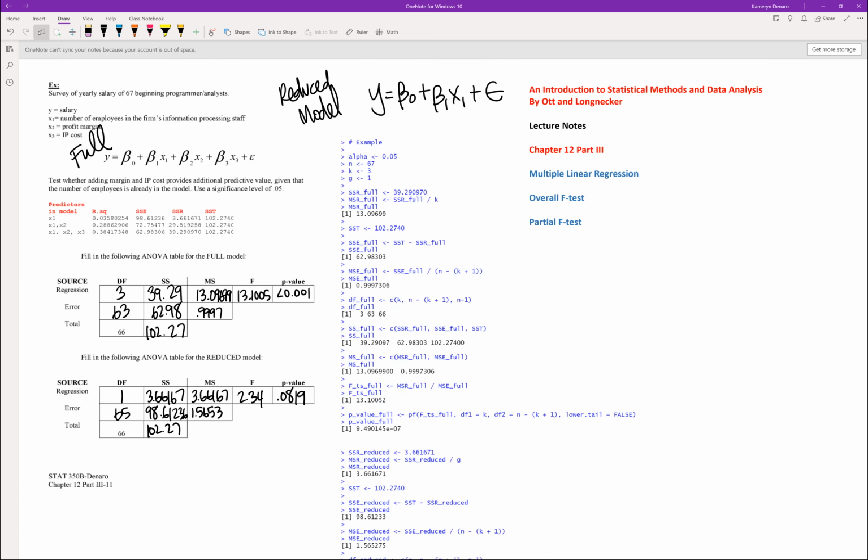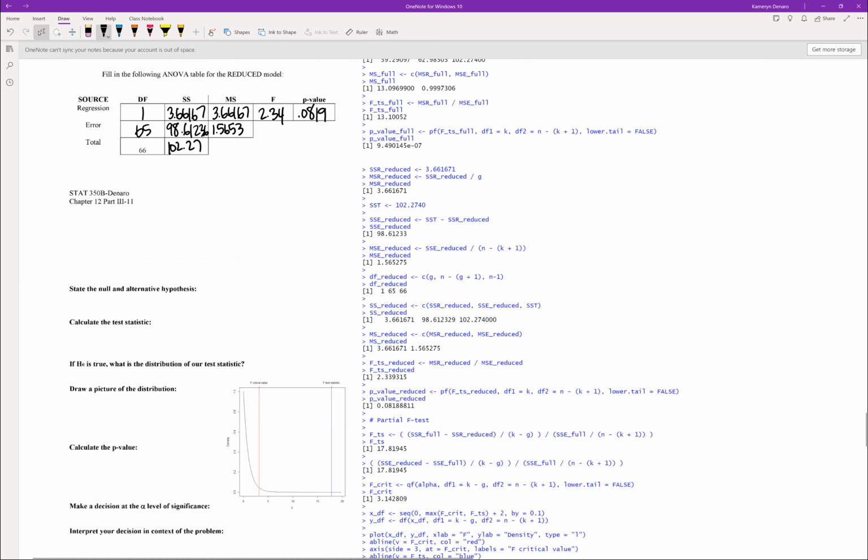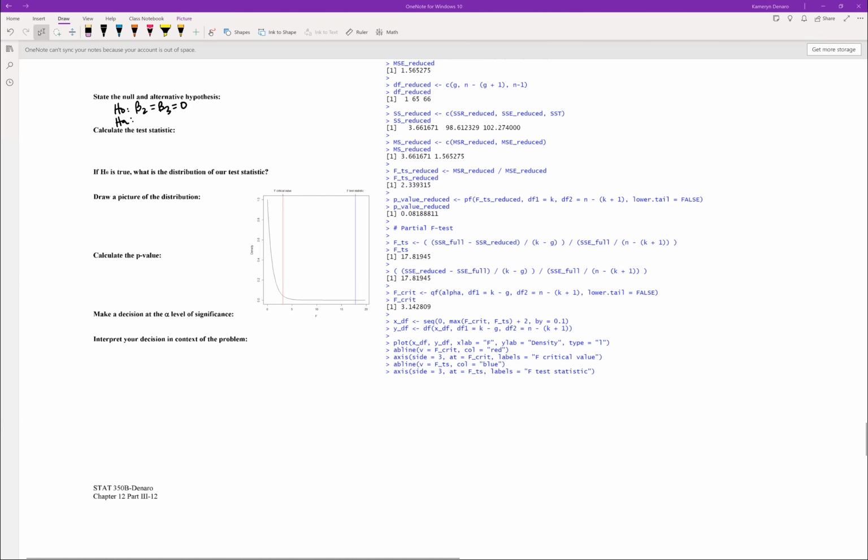So in this case, we want to say H0 is beta 2 equals beta 3 equals 0, right? And HA is that at least one of beta 2 or beta 3 does not equal 0, right?